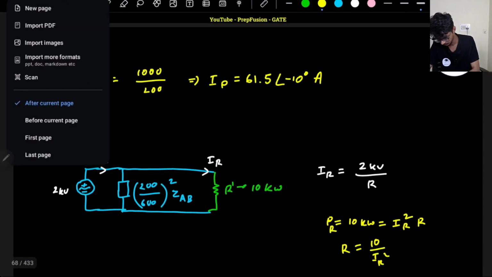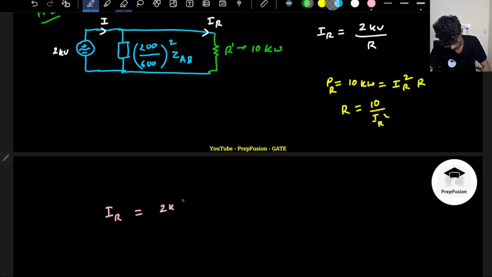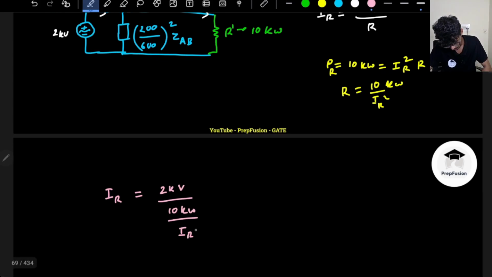So from here I can simply put this value of R in this equation. So I have IR over here equals to 2 kilovolt divided by 10 kilowatt, don't forget, this is kilowatt, divided by IR square.